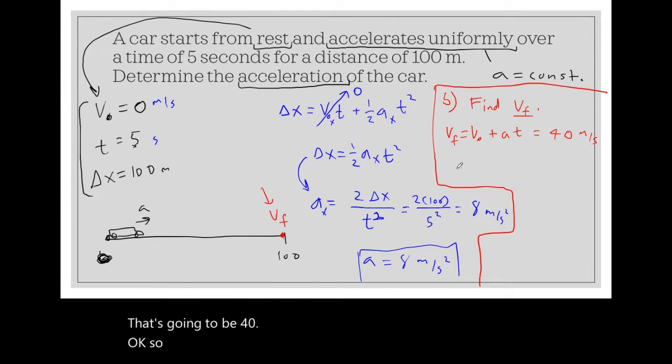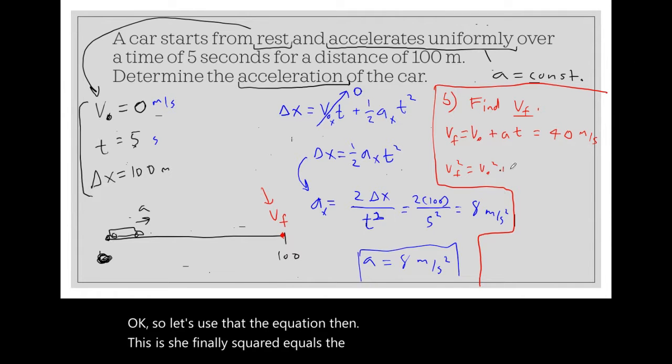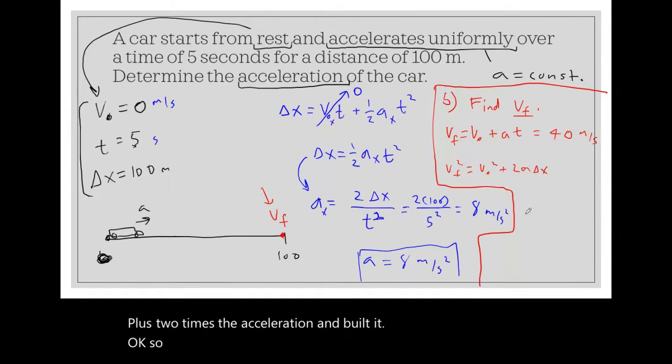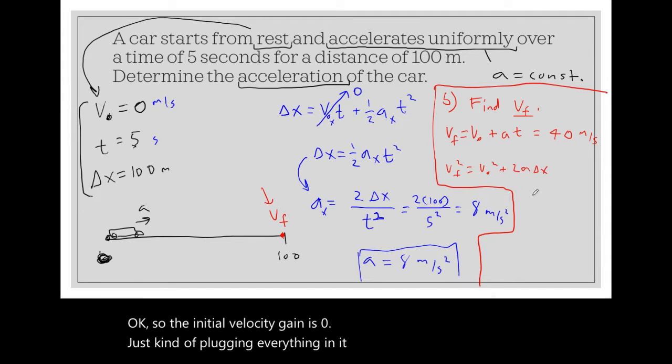Okay, so let's use the other equation then. That says v final squared equals the initial squared plus 2 times the acceleration times delta x. Initial velocity again is 0. Just plugging everything in and then taking the square root at the end.